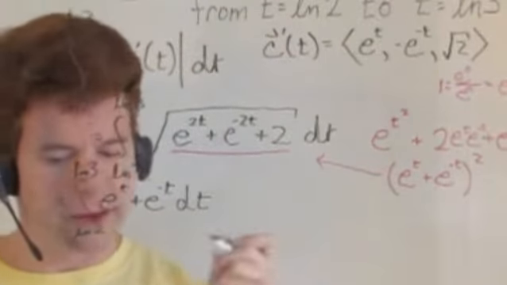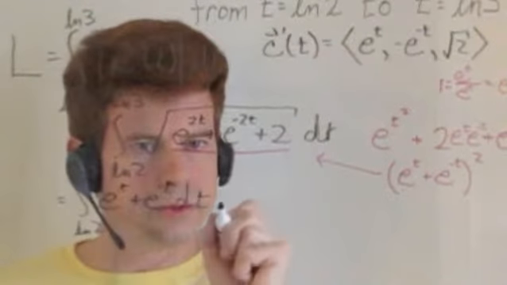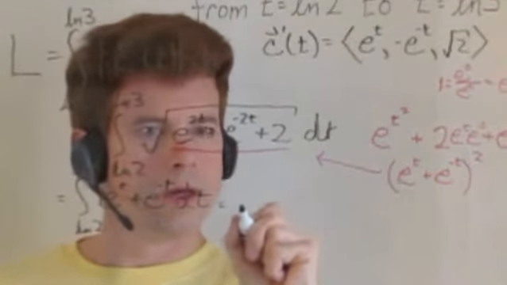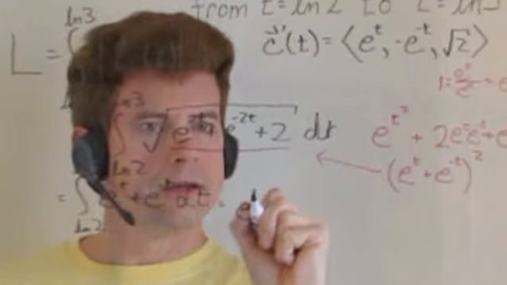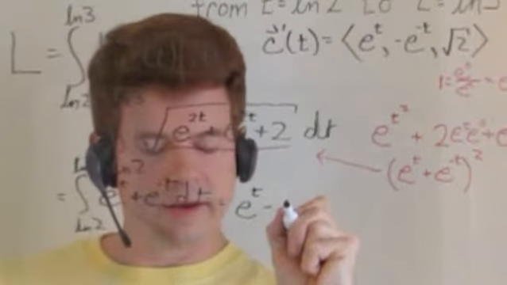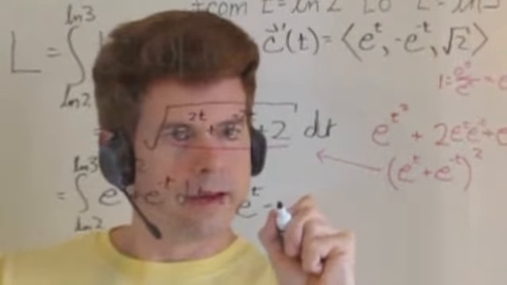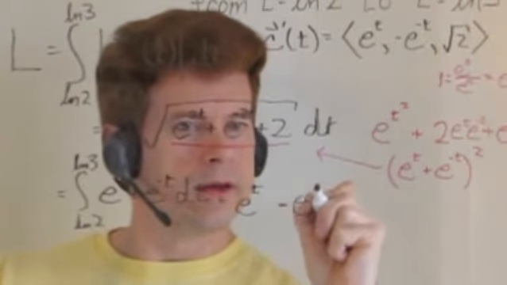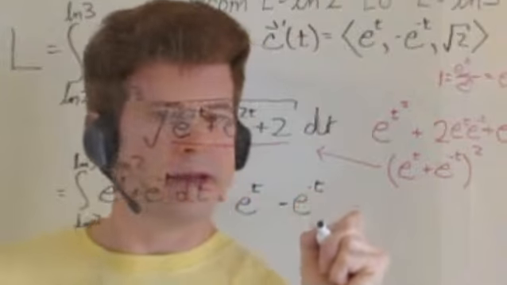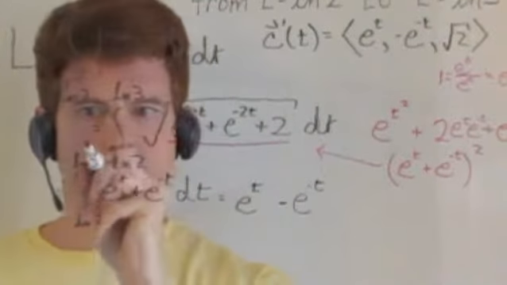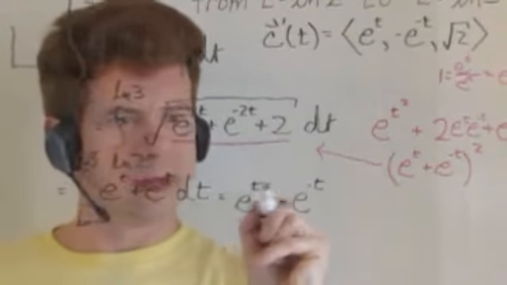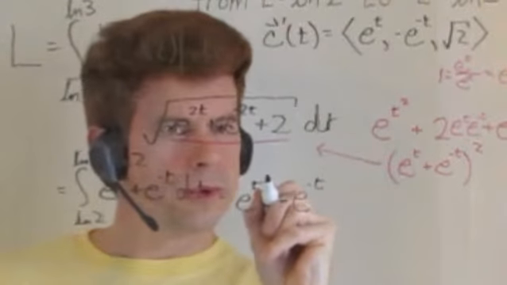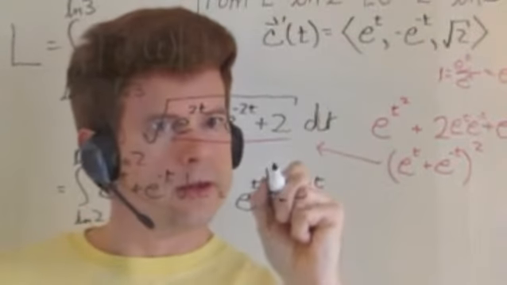Evaluating this now, it comes out to e to the t minus e to the negative t. And we're going to be evaluating this now from ln2 to ln3. So I'll go ahead and do these separately.